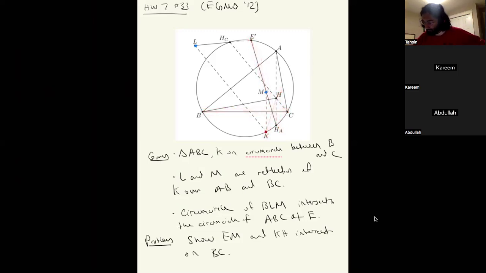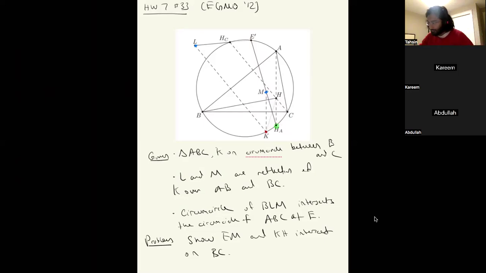And so we did a couple of simplifications. First we constructed this H_A here, which, as before, is the reflection of H over BC.